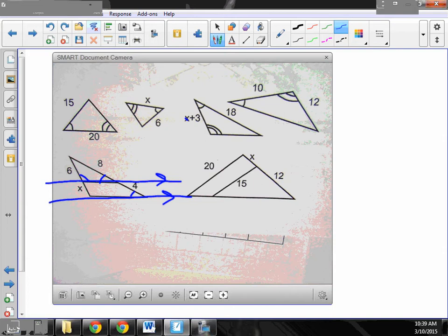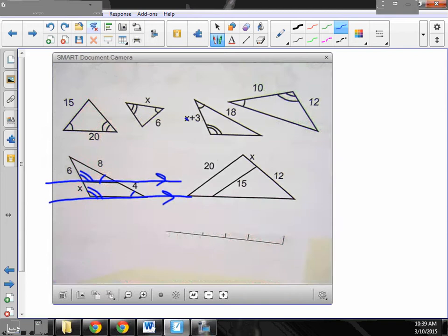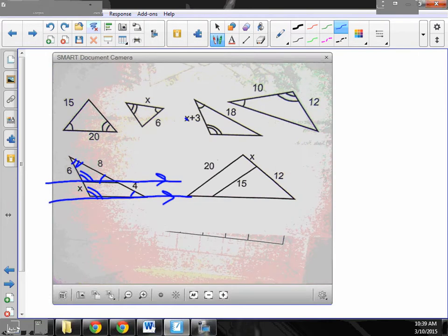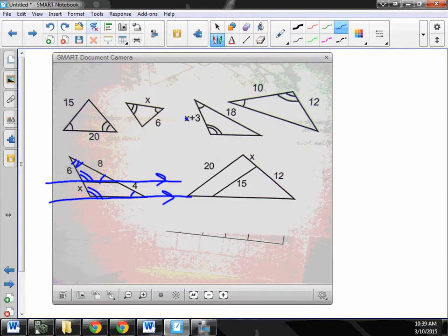So these are also corresponding. So those are equal. Or, if you notice, that angle is shared in both triangles. So no matter how you look at it, you have angle, and the triangles are similar if the lines are parallel. Now, from here on out, if they look parallel, we're just going to say they are parallel.